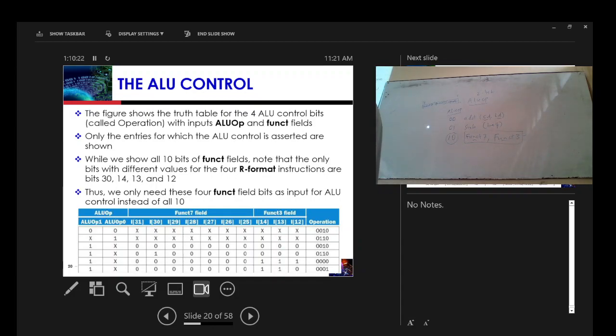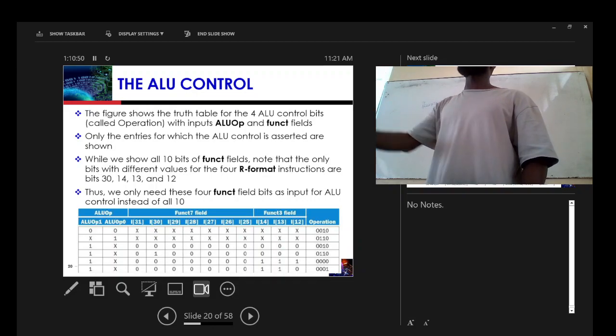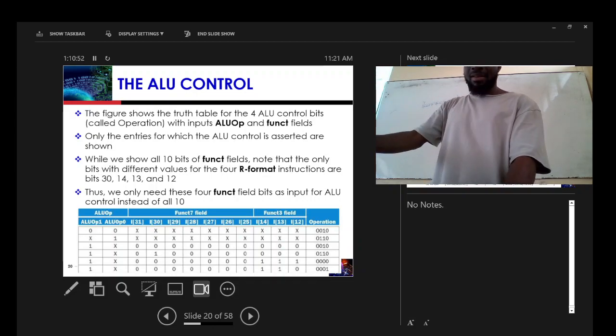And then your Funct3 field starts from I12 to I14. Have you seen it? So that's what we are using here. So it means that if your ALU op is 0, 0, you don't care about any of this stuff. The operation is 0, 0, 1, 0, 0, 1, 0, then the rest follows. Do we understand?